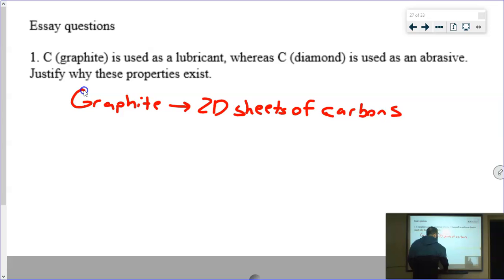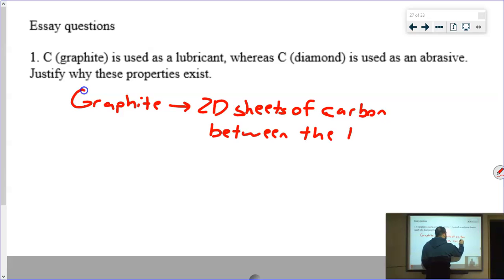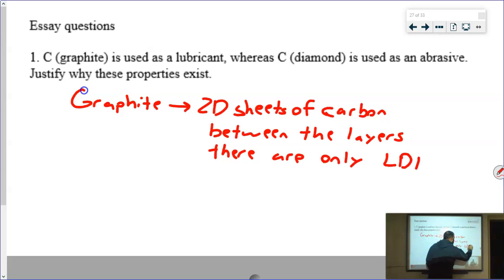Two-dimensional sheets of carbon, and between the layers there are only London dispersion forces.